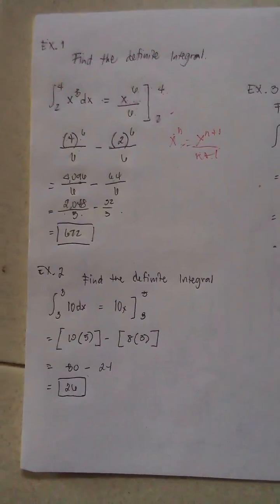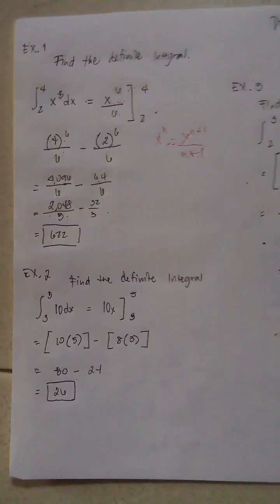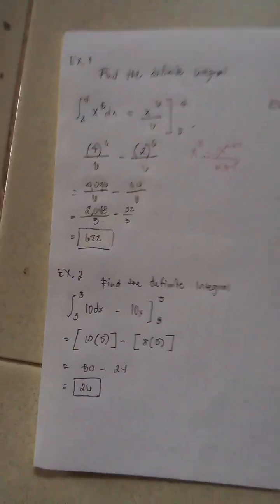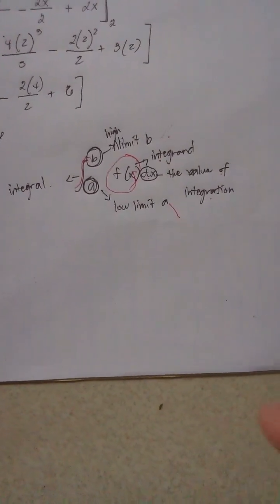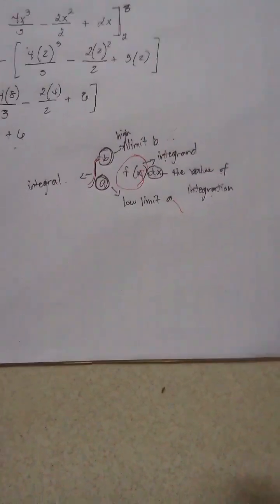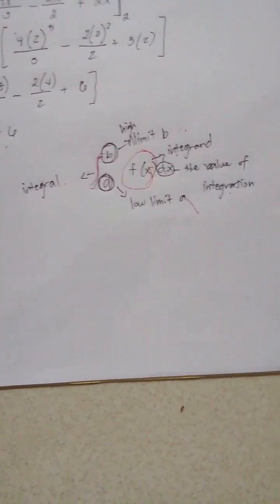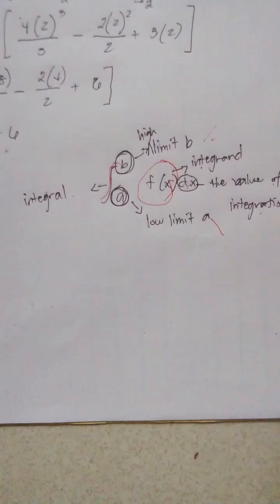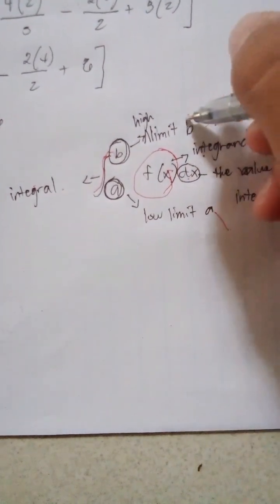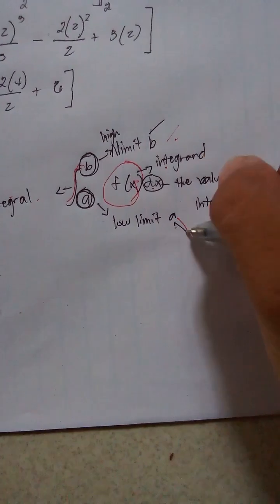Let's start with example number 1 that I made. Oh, before that, I should tell you the difference between definite and indefinite integral. In a definite integral, we have limits of integration, a high limit b and a low limit a. Here, low limit a.